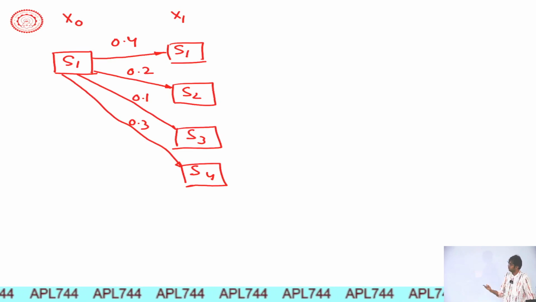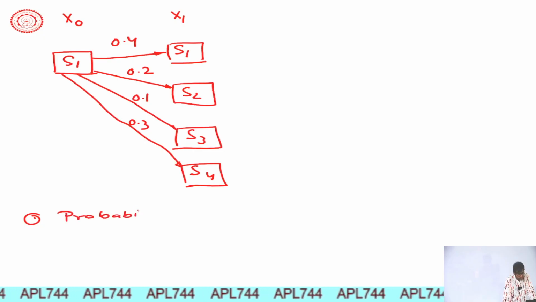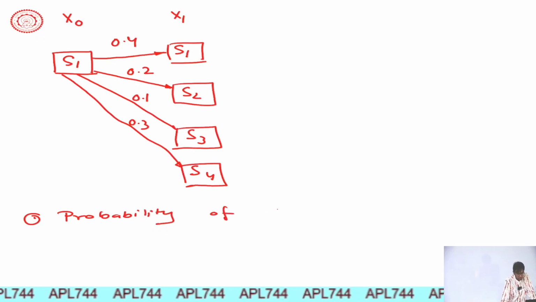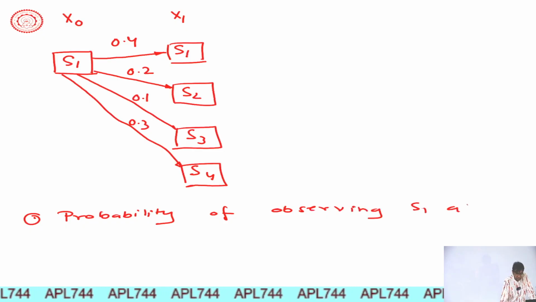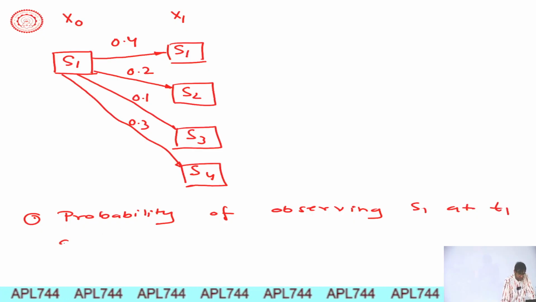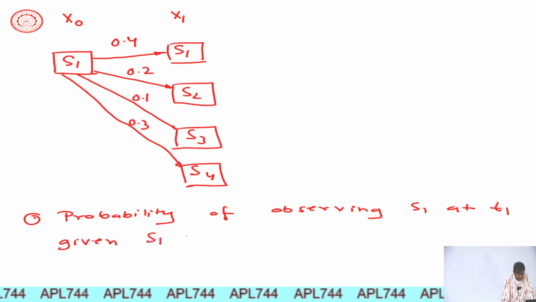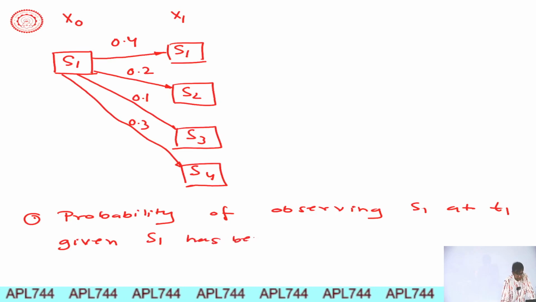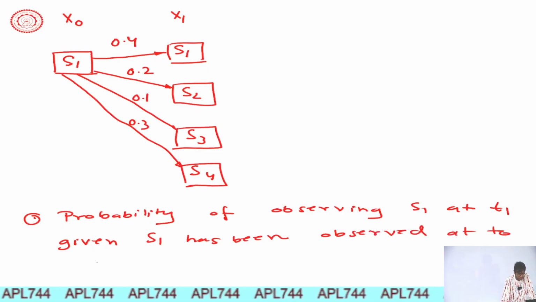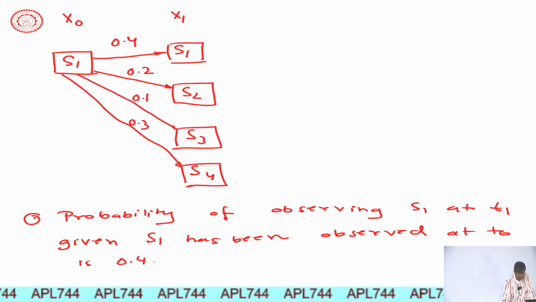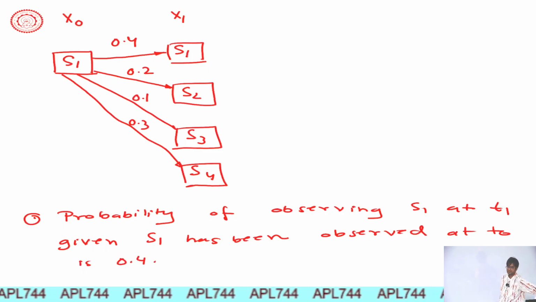So from this diagram, for example, one of the observations is that the probability of observing S1 at T1 given S1 has been observed at T0 is 0.4. That's what the diagram is telling me, correct?